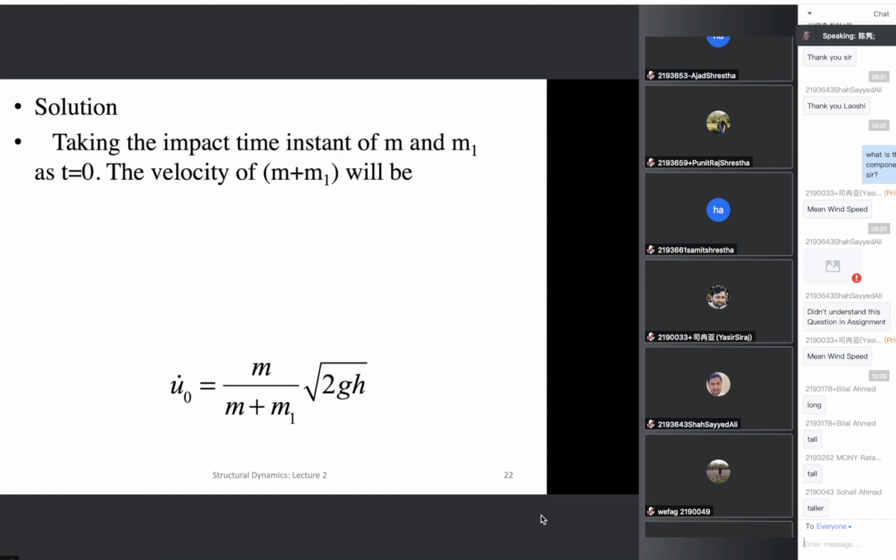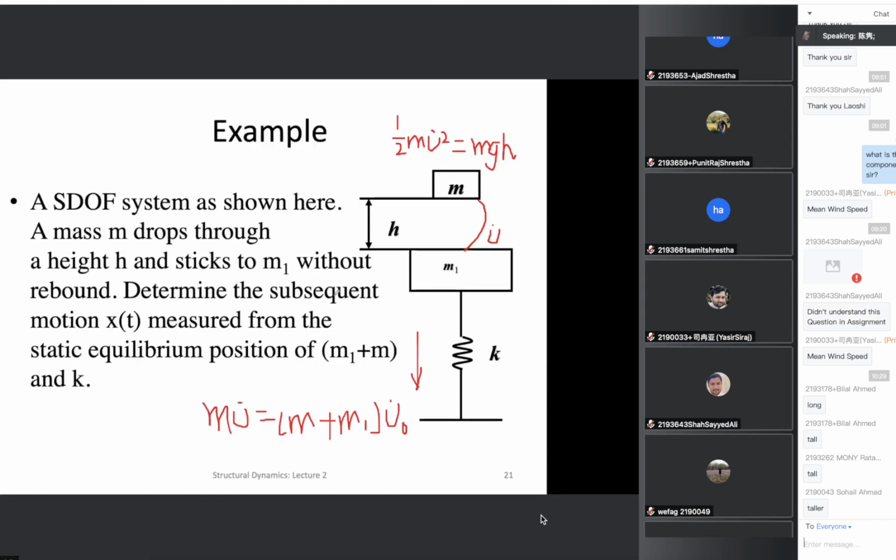This problem seems very simple, but it has many applications. I don't know what the situation is in your country. In China we have earthquakes, and in some cases, this is the structure and this is something dropped due to the earthquake, some heavy things, such as the collapse of the upper floors. Then this is the bottom floor, and we can simplify it as an SDF system.